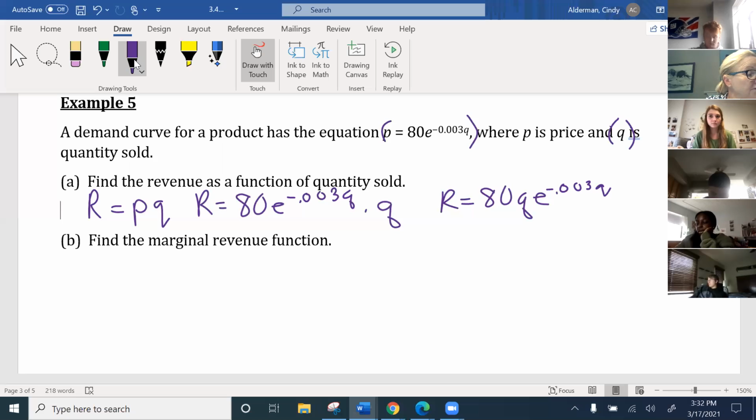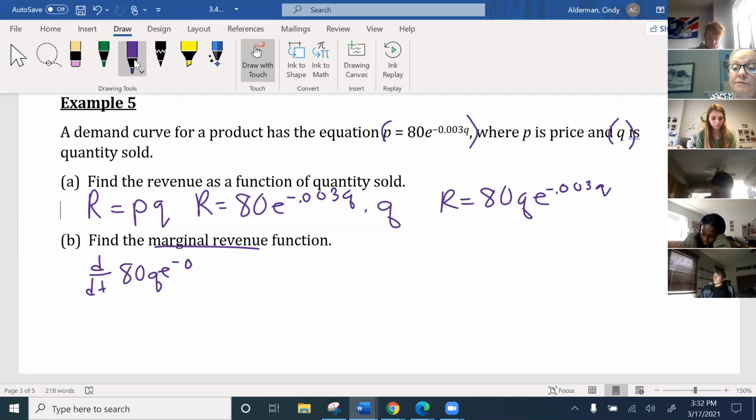Now, if we want to find the marginal revenue, marginal anything means derivative, right? So we're going to take the derivative of 80q e to the negative 0.003q.